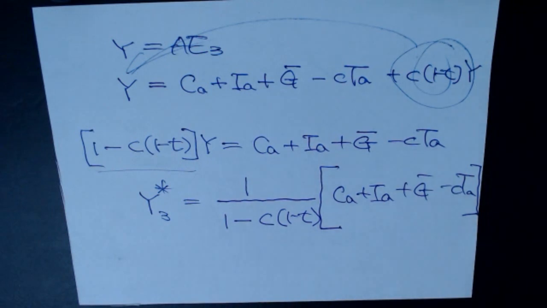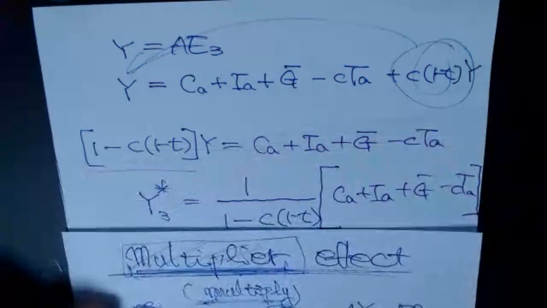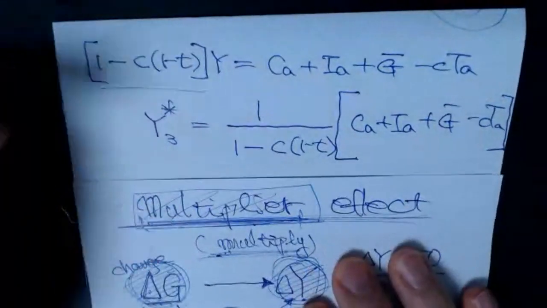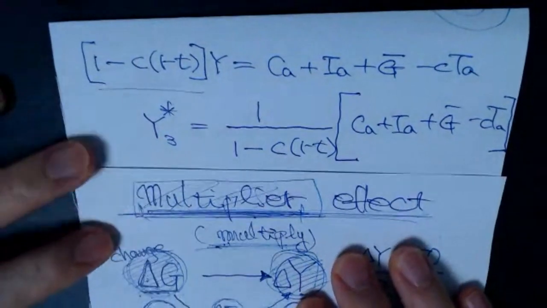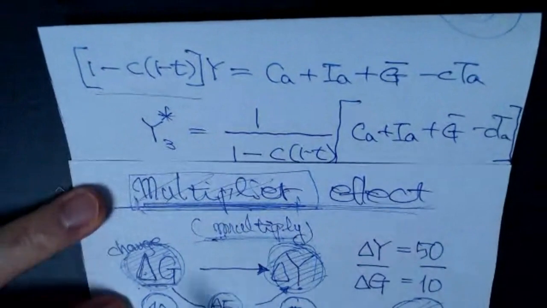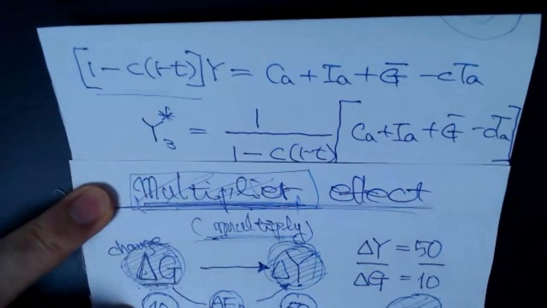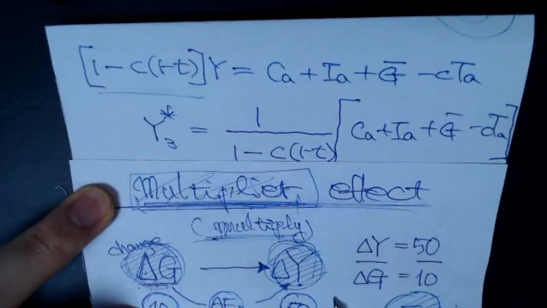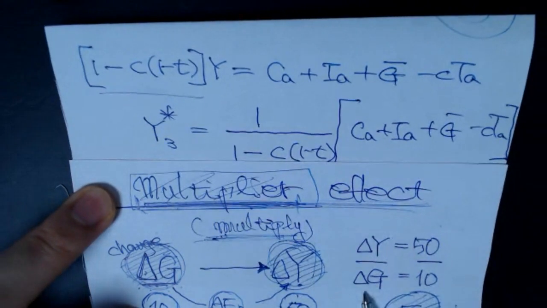What was my question? The question was this. We said that in which case government spending is 10, then in which case national output increased by 50, increased by 40, or increased by 30.